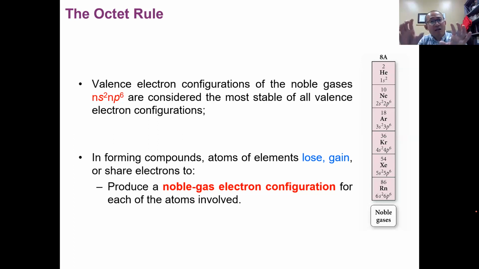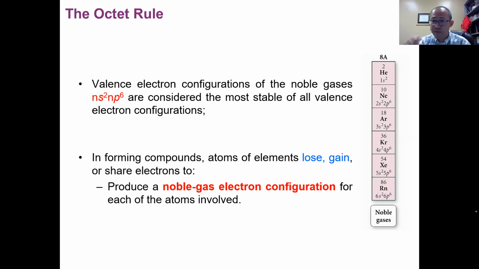That rule is called the octet rule. What is the octet? It is the achieving of an 8 valence electron configuration, like a noble gas, during the formation of compounds, through losing electrons, gaining electrons, or sharing electrons, so that they all end up with 8 valence electrons.